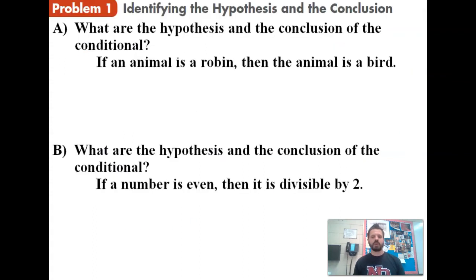So first thing I want to do today is look at some conditionals, look at some examples, and split them apart into their hypothesis and conclusions. Okay, so problem 1 part A says, what are the hypothesis and conclusion of the conditional? We have the conditional, if an animal is a robin, then the animal is a bird. The hypothesis is just what's between the if and the then.